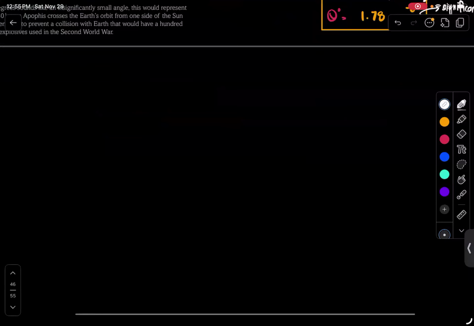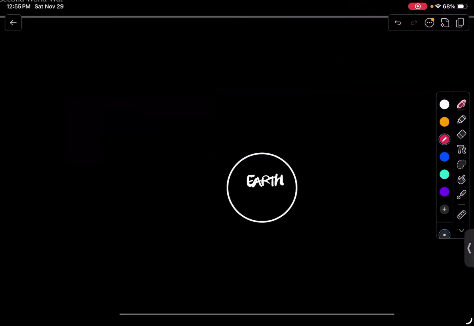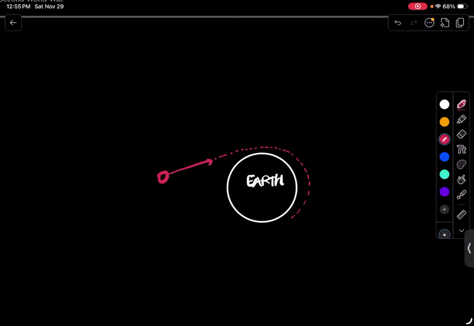So for example, this is taught in gravitation. So for example, if this is the Earth, okay, and you have a comet, in fact, that's what we call comets. So if a comet has a velocity in this direction. Now, if it's too close, okay, if it's too close, then what could happen is, if it's like tangent to the Earth, then because of Earth's gravitational pull, it could attract the comet into a circular path and then slingshot it back to its path.